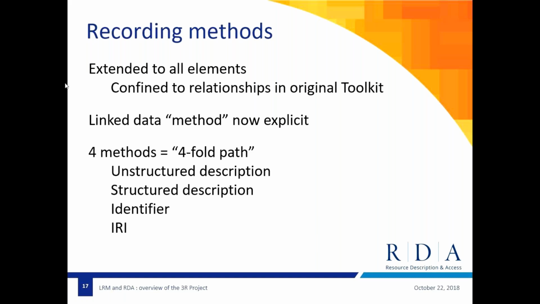So what we've done is we made the recording method of linked data explicit throughout the toolkit. So we've ended up with 4 recording methods, and our code word, our code project word, during the project was the 4-fold path. And some of the older presentations that you may have seen will refer to the 4-fold path. In the toolkit, we stopped the Buddhist joke, and we call it the recording methods.